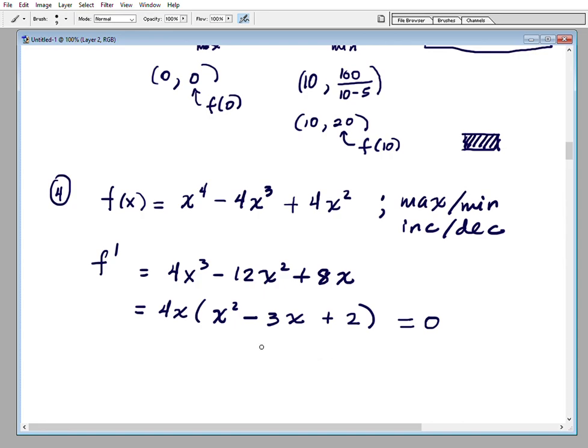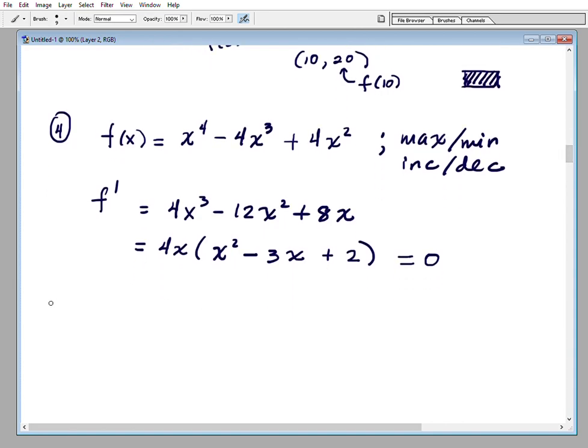So you continue with this. Factor, put all the zeros on the number line. Okay, so you're going to do plus minus analysis of f prime. So you finish this. I'll just give you a couple minutes and then we'll do it.